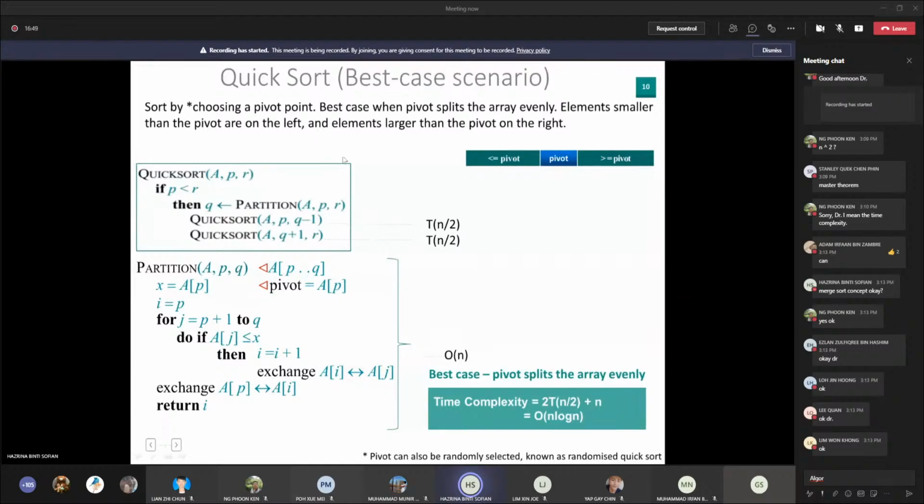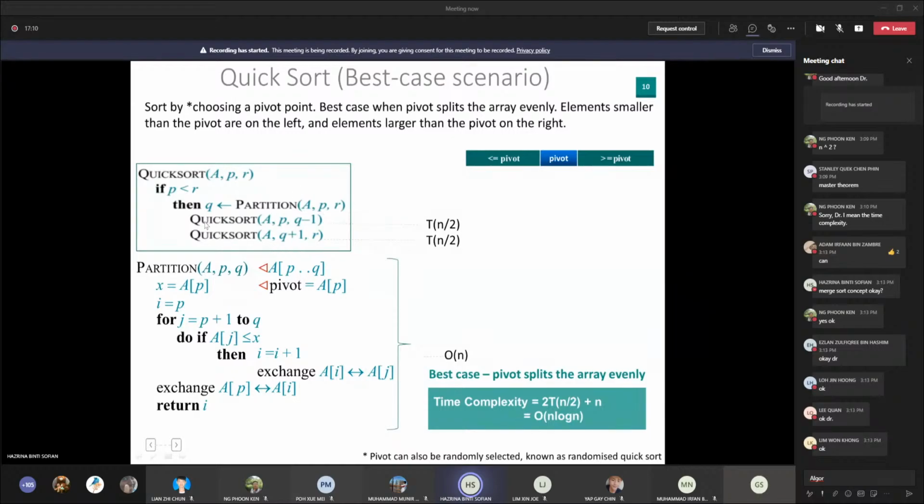So this will be the best case because we can solve the left and the right at the same time, at the time of n divided by 2. So this is the algorithm.